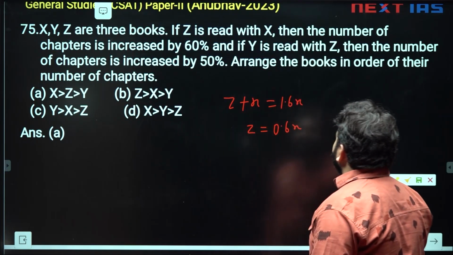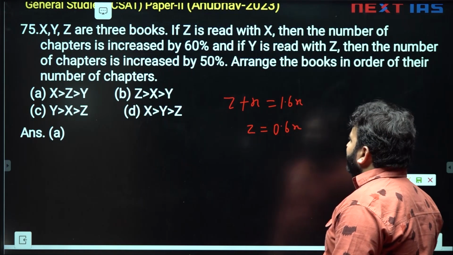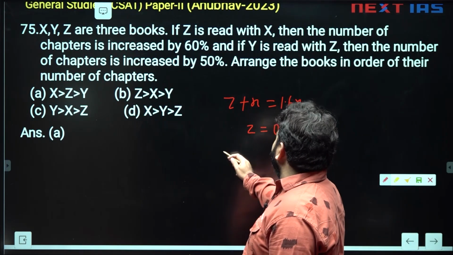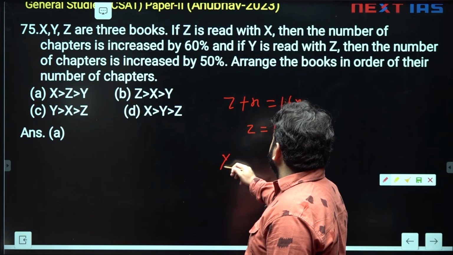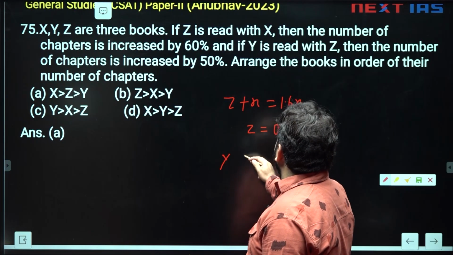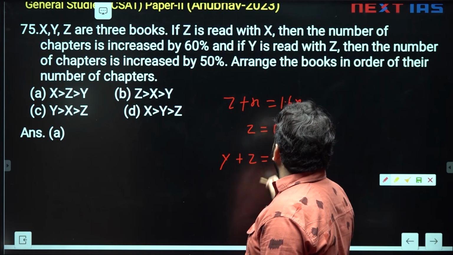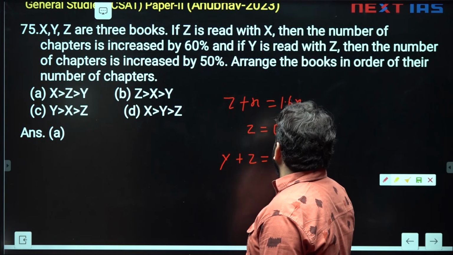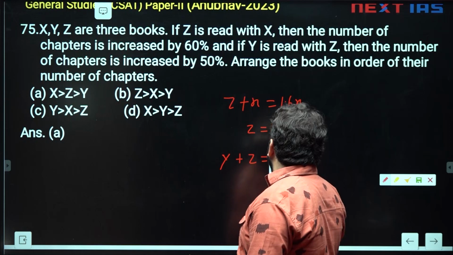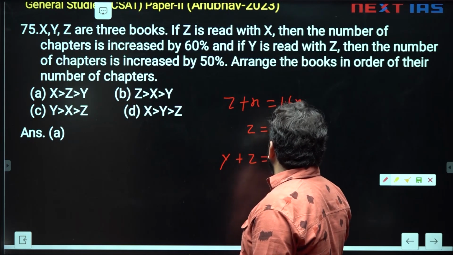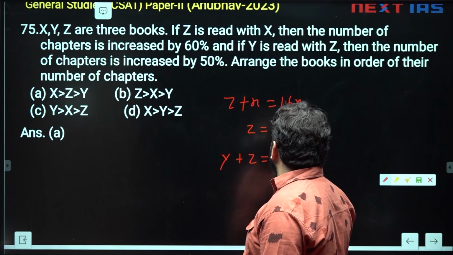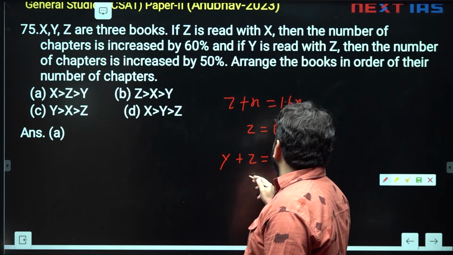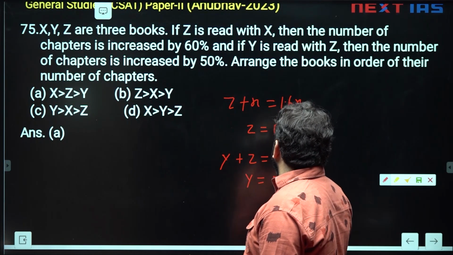And if y is read with z, then y plus z is equal to 1.5z. So here 1.5z minus z, so y will be equal to 0.5z.